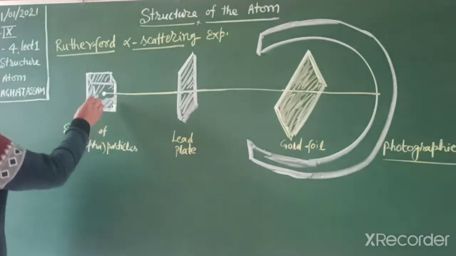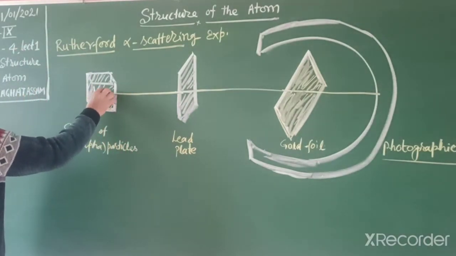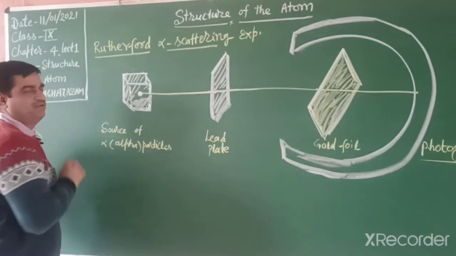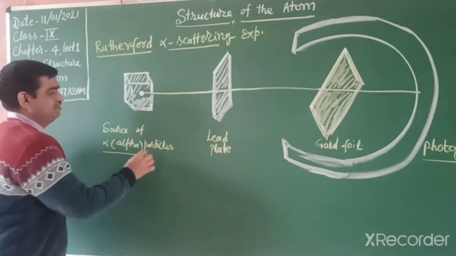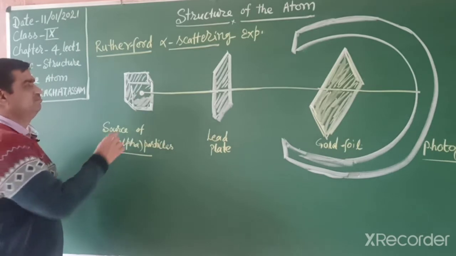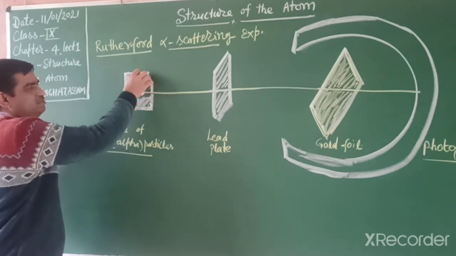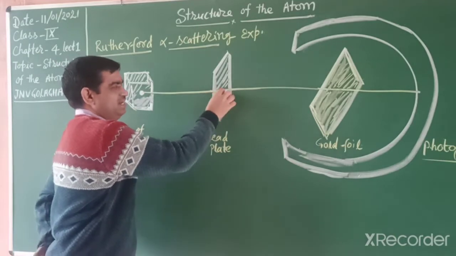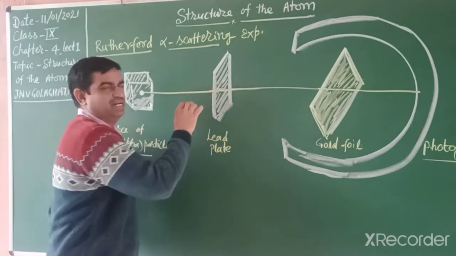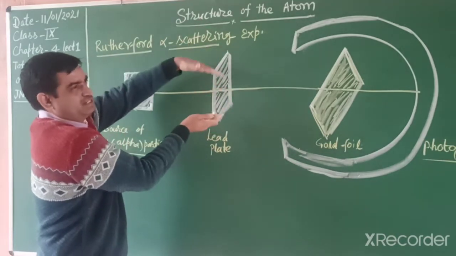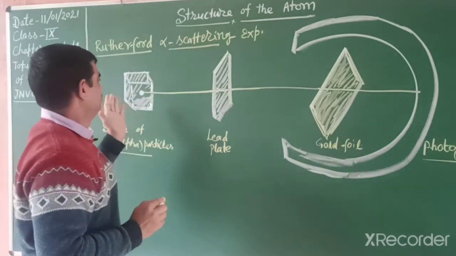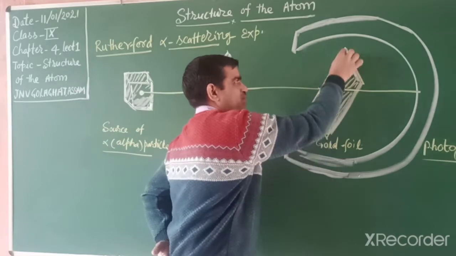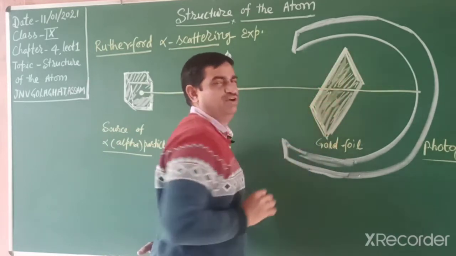He took a radioactive substance that is a source of alpha particles, like radium or thorium, in a container, and placed a lead plate. Lead is a very heavy metal, it protects the other side from the radiation. So these radiations fall on a very thin gold foil.